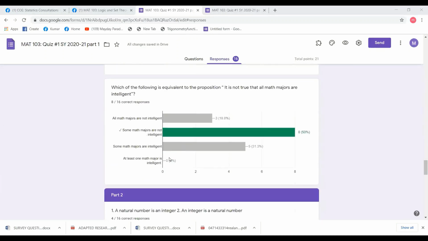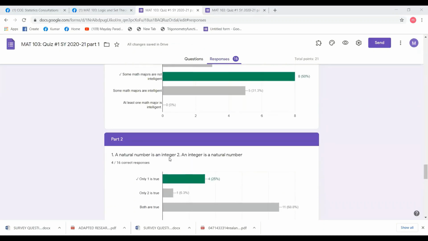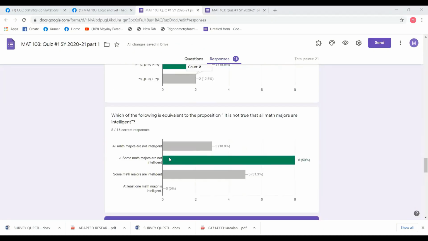Okay, I've discussed this one. This last one: which of the following is equivalent to the proposition "It is not true that all math majors are intelligent"? If we are going to negate "all math majors are intelligent," we will start by negating all.